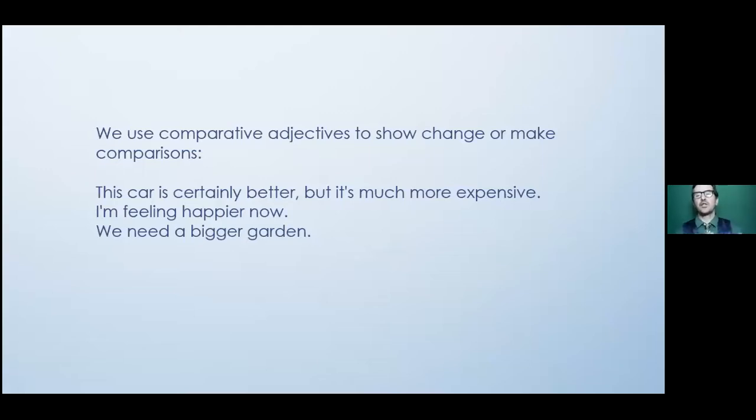So a Fortuner over here, car, Fortuner is better than an Avanza, but it is more expensive. So you see, better. Now, better is irregular. Good, better. There's no such word in the English language as gooder. Gooder, nggak boleh. Good, better.